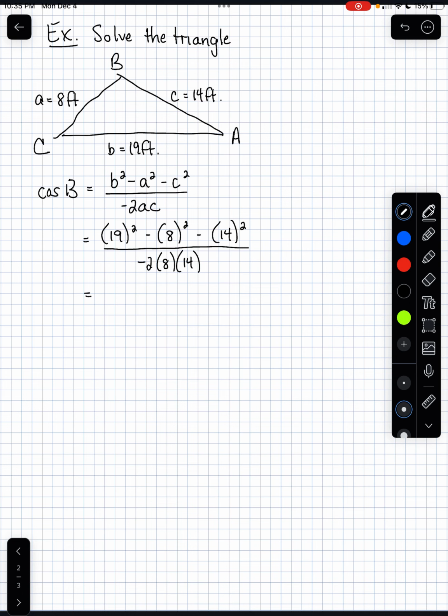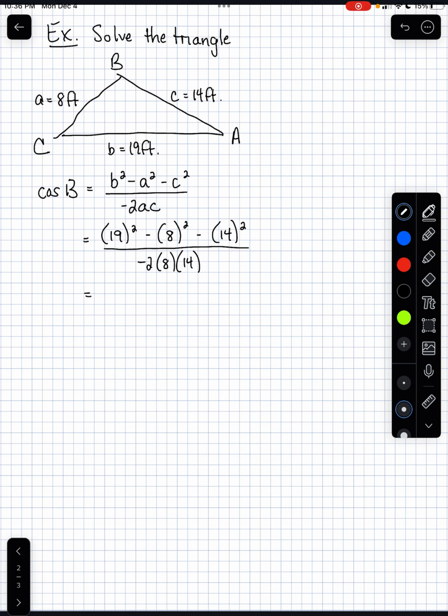And again, the calculator is our friend here. There is absolutely no shame in using it. That's why we have it. Some of these are going to get nasty, and to be honest, in order to finish solving this and get the measure of angle B, we really have no choice but to use the calculator anyway.